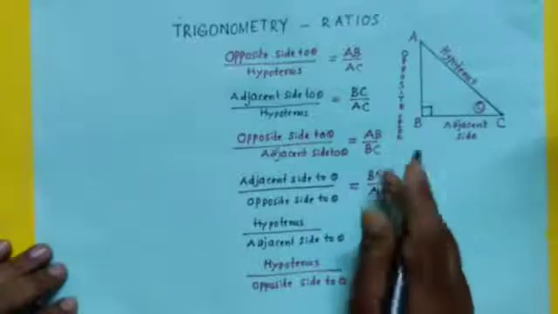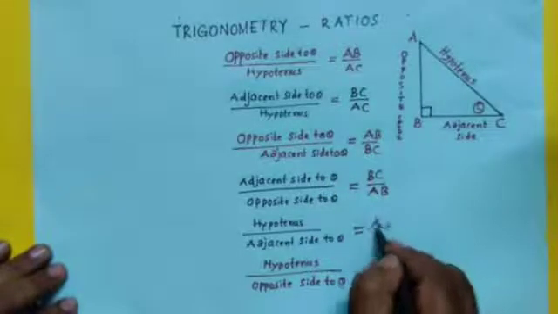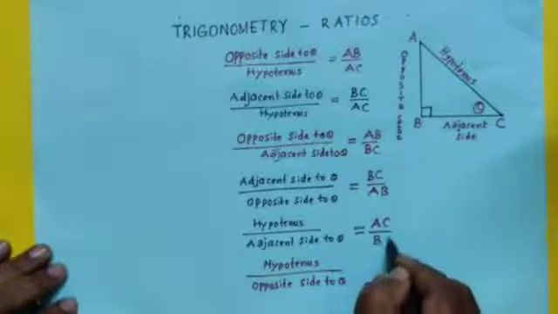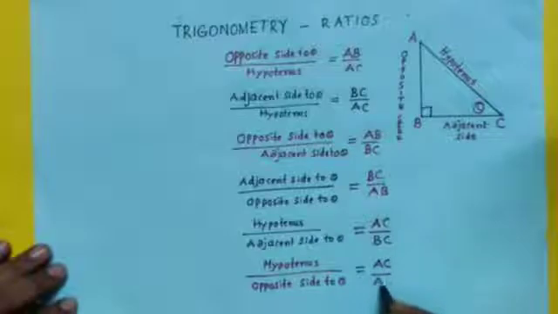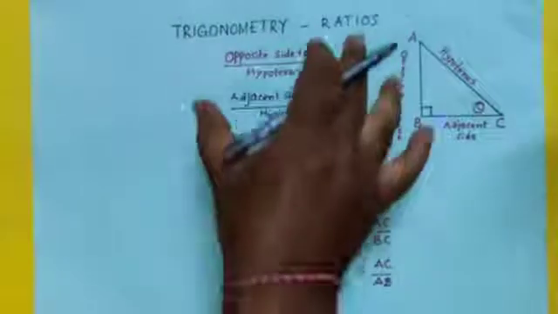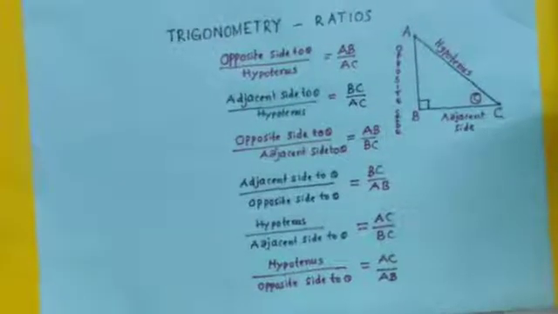It is the reciprocal of this, and this is the reciprocal of this: AC by BC, and AC by AB. Is it clear? In total, we arranged 6 types of trigonometric ratios.